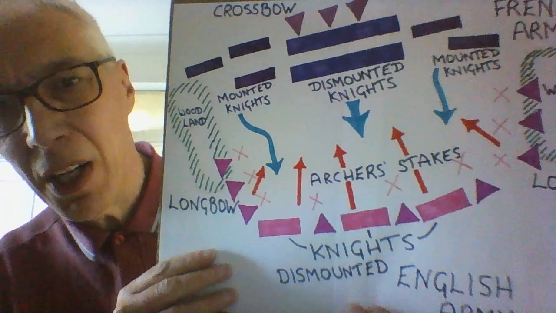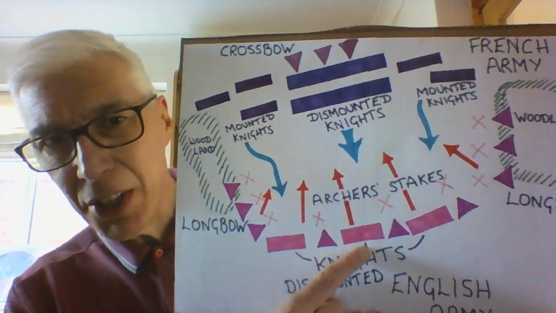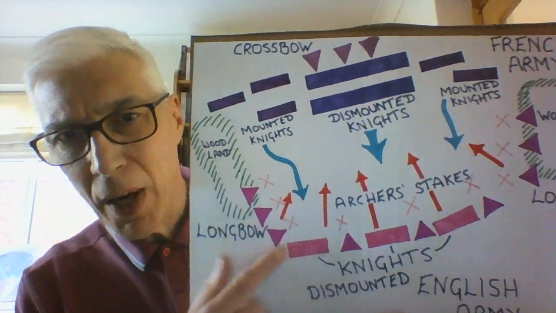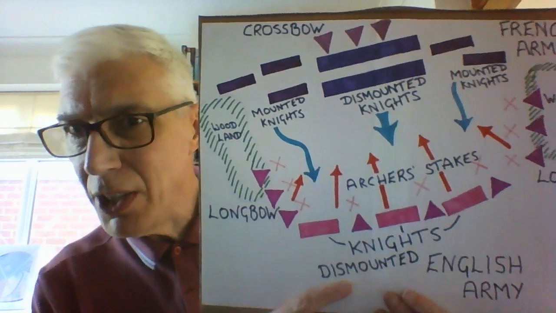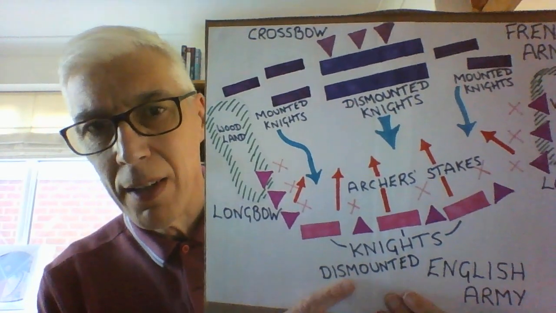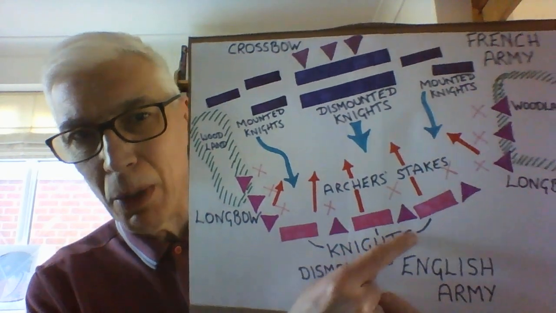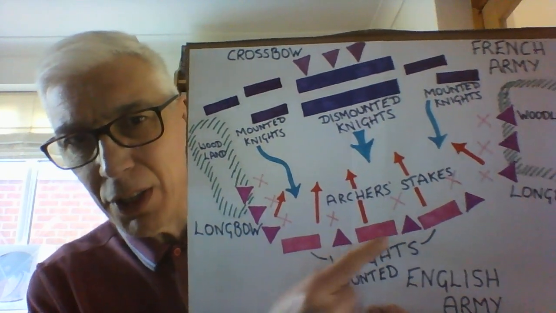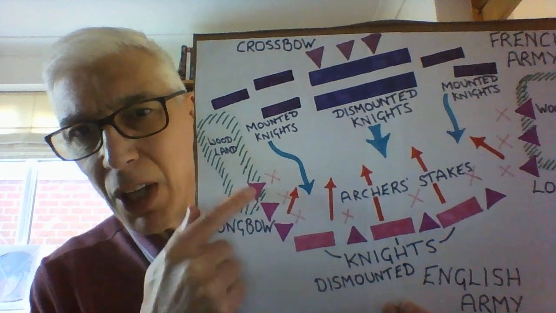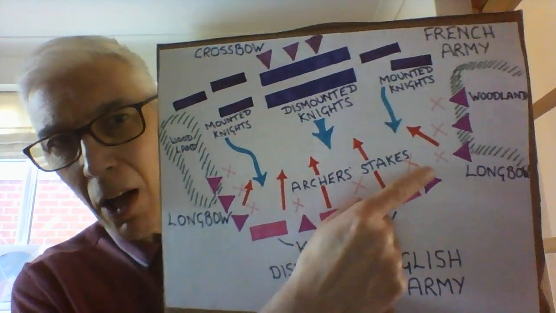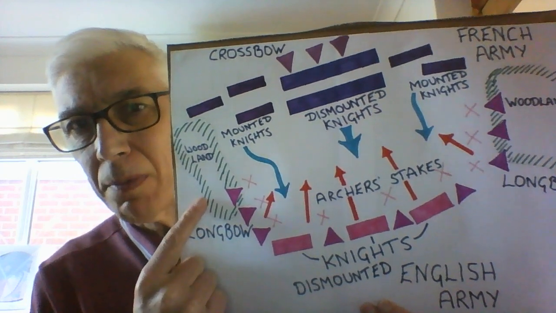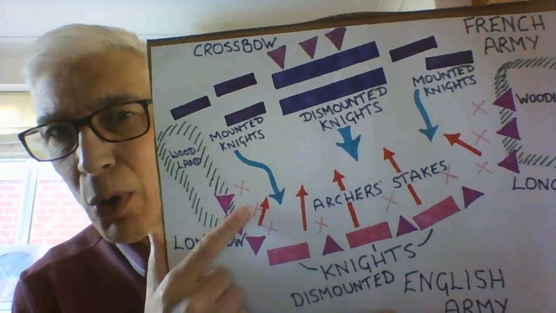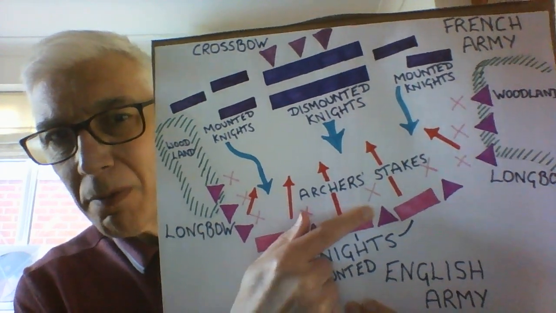How does he set up his army? Well, he's got his knights here, the rectangles. They are dismounted. They are not fighting on horseback. In between, he's got some longbow men, the archers, and then he puts archers or longbows on both flanks, near to the woodlands. Can you see the crosses there, ladies and gentlemen?